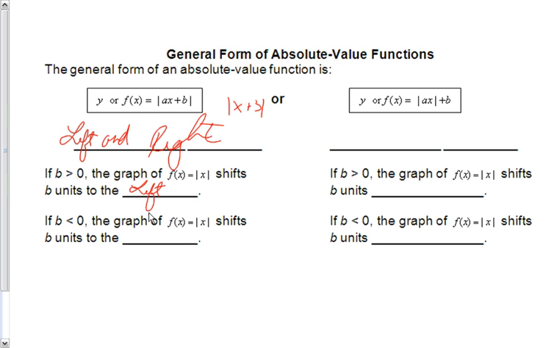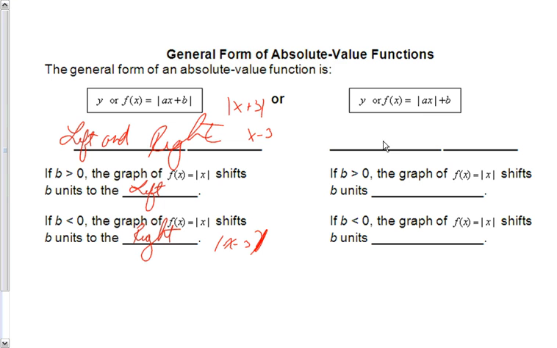We're used to positive meaning right, but in this case it goes the opposite direction. If b is negative, so it's x minus 3, that's a plus, and so the absolute value of x minus 3 is just to the right. Interesting, okay? They're backwards for once, so that's okay.